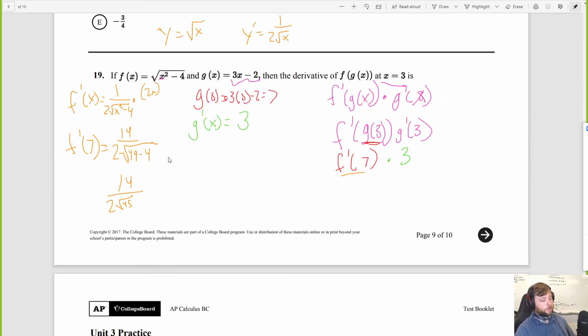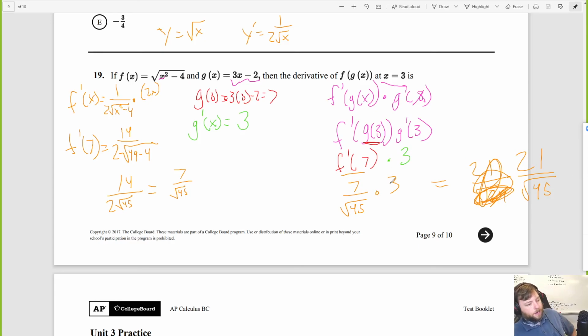Oh, okay. So then I could reduce this. Oh, now I can divide that 2. 7 over square root of 45. Then I just plug this in. So I get 21 over square root of 45. Cool. I go, oh, my answer should be there, right?